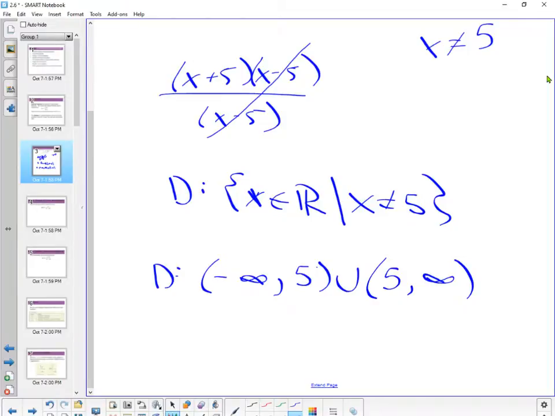X cannot equal 5. That's the way to write it. In a paragraph. Or a graph. I don't know if I want to do a graph. I think I'm gonna write a paragraph in math. Just wait till you get to those upper maths when we're starting to write everything.